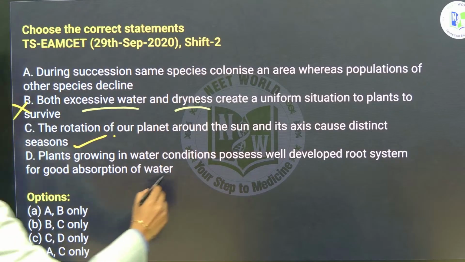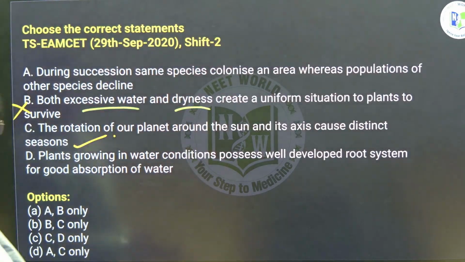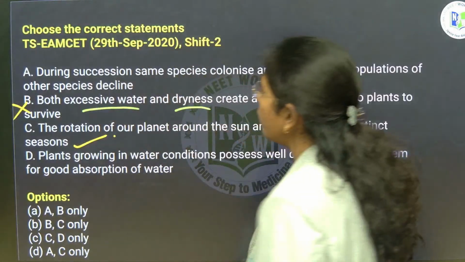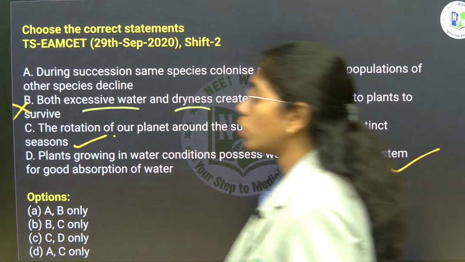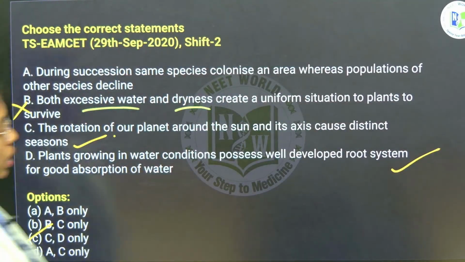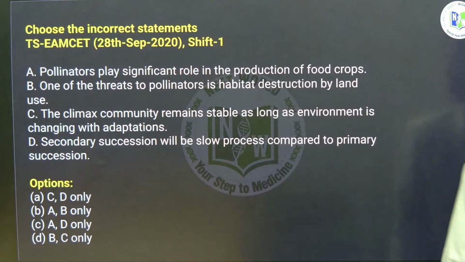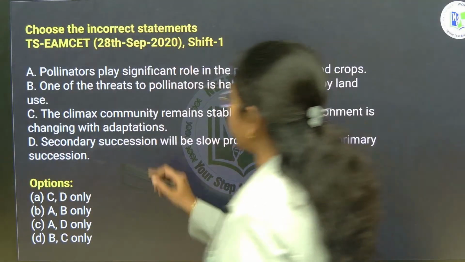Fine. If you observe this carefully, plants growing in water conditions possess well developed root system for good absorption. True. Option C will be the right answer. Next, we need to identify incorrect statements.